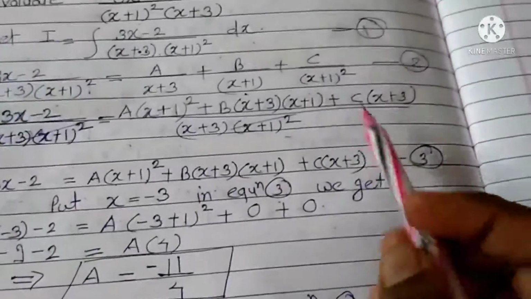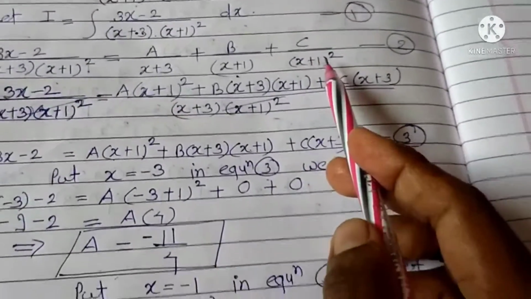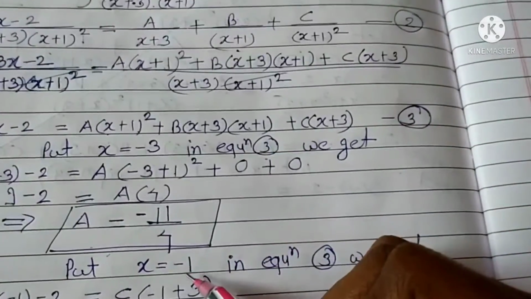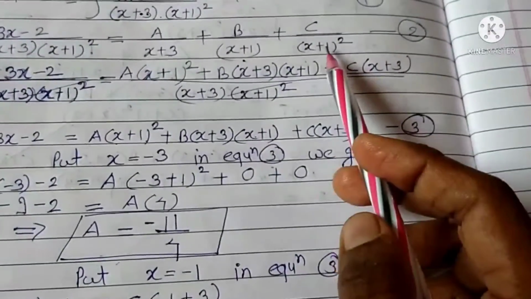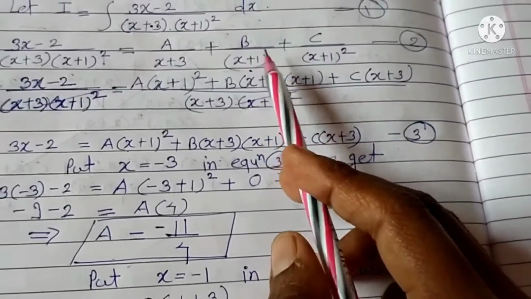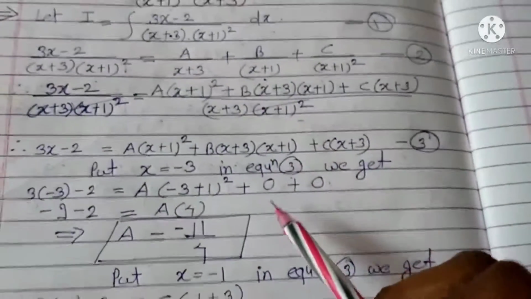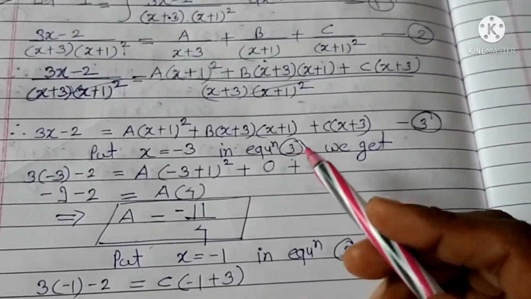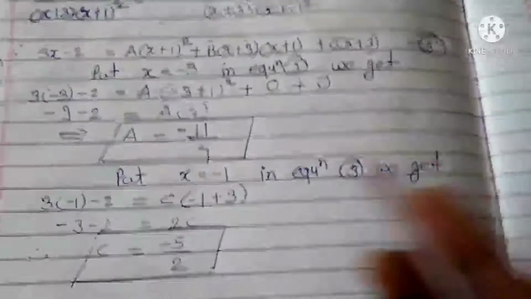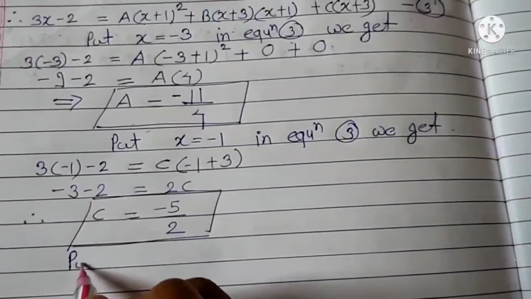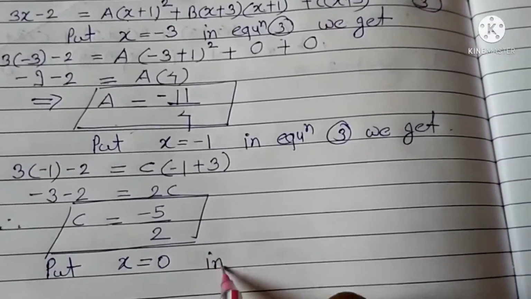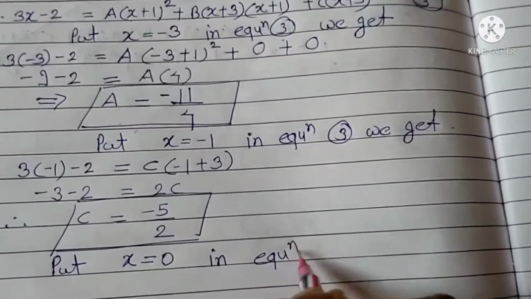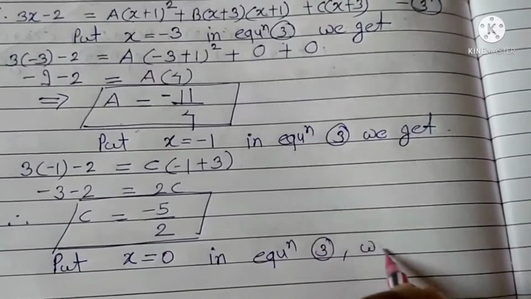Now for the third unknown, x plus 1 means we get x equal to minus 1 again, so we cannot get the third unknown. That's why here we use one other substitution, that is put x equal to 0 in equation 3.